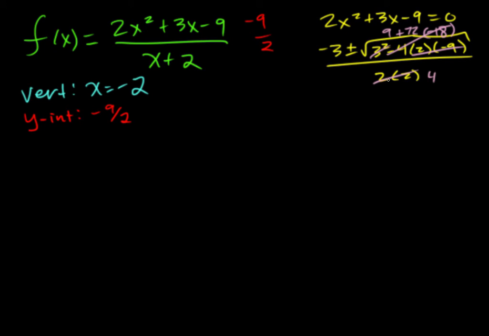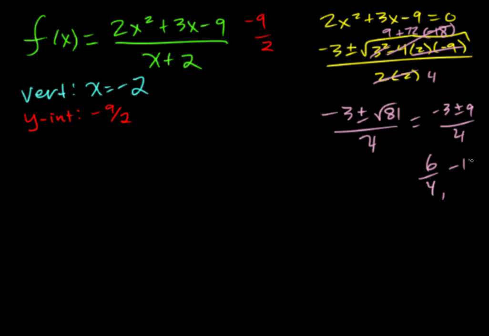Alright, and then we get 9. So that's going to be 81. Okay, so that's -3 plus or minus 9 over 4. -3 plus 9 is going to be 6. And -3 minus 9 is going to be -12. And so we're going to get 3 halves and -3.